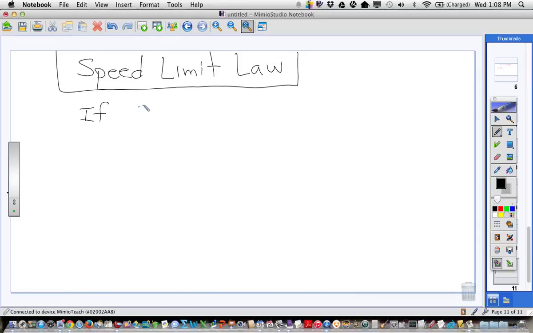So if f prime of x is less than or equal to capital M, for all x in the closed interval AB.